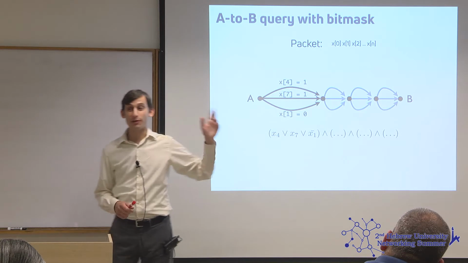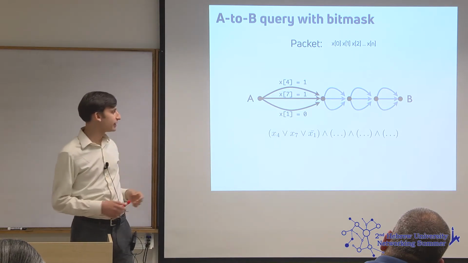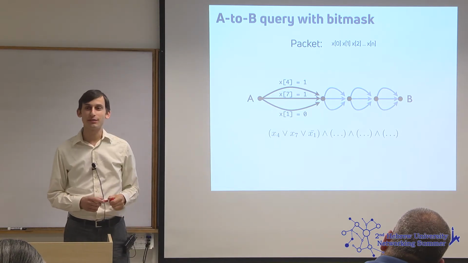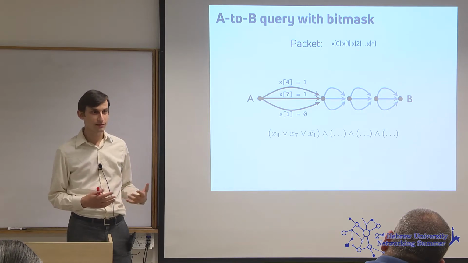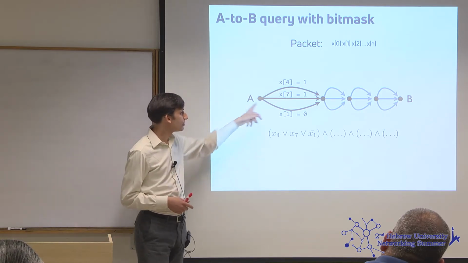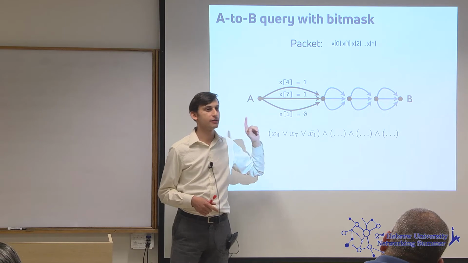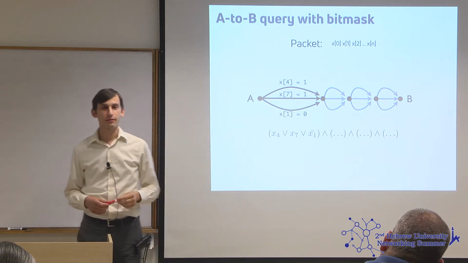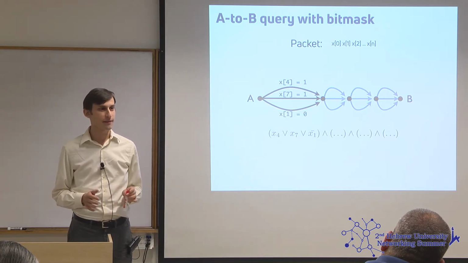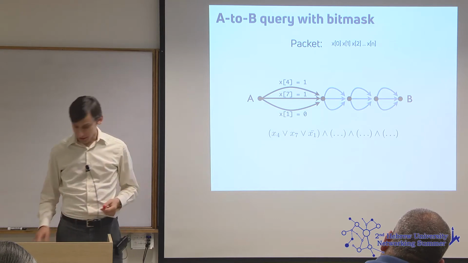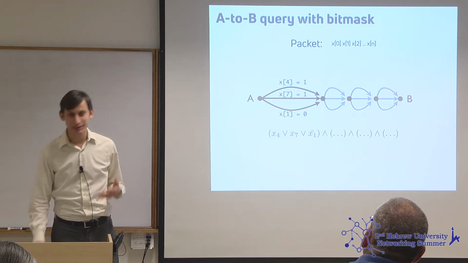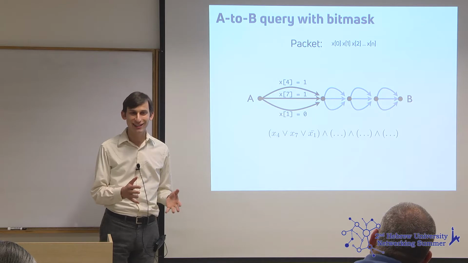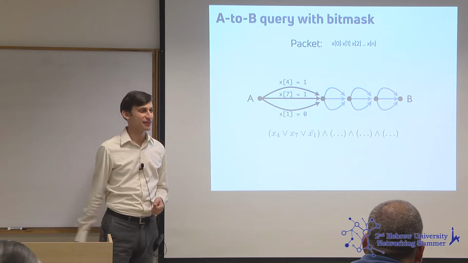So you probably recognize this format here. This is 3-SAT. So you can give me any 3-SAT formula, and I can build a network that exactly corresponds to that formula. Make sense?